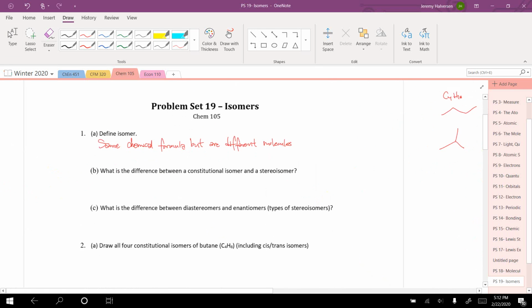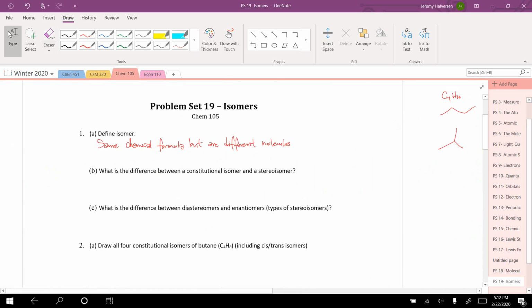All right, so let's dive back into here. What is the difference between a constitutional isomer and a stereoisomer? Constitutional isomers are connected differently, and stereoisomers are connected the same. What's the difference between a diastereomer and an enantiomer?